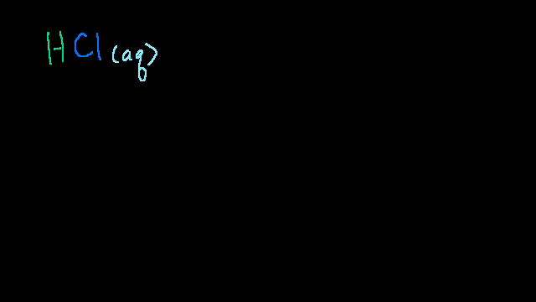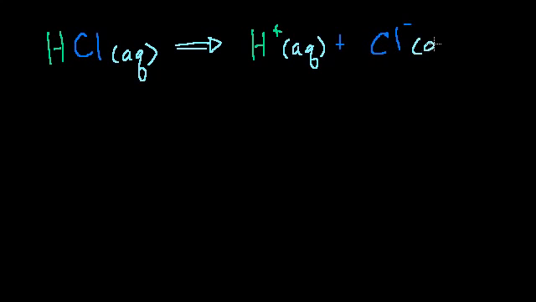We know that it dissociates completely, which means that we're left with the hydrogen ion, which of course really attaches itself to another water molecule and becomes hydronium, plus the chlorine anion, or negative ion, right there.